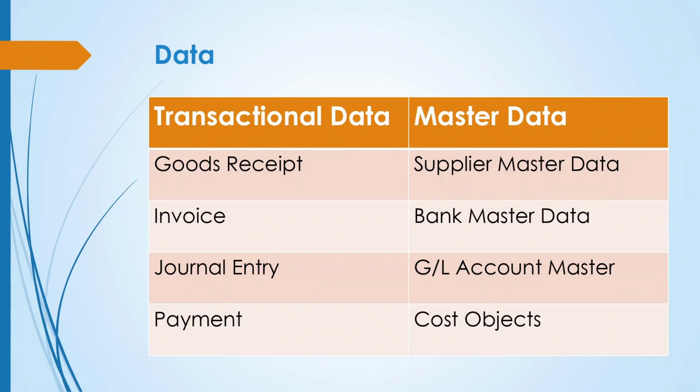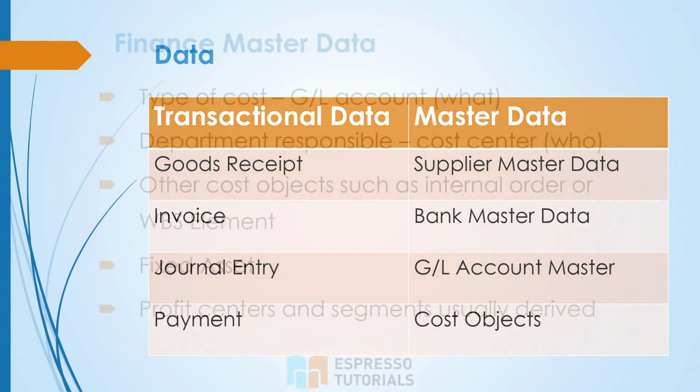At a minimum, this is usually the general ledger account, cost centre, and if necessary, an internal order or WBS element. Entering the supplier account will also link all the payment and address information to the invoice.